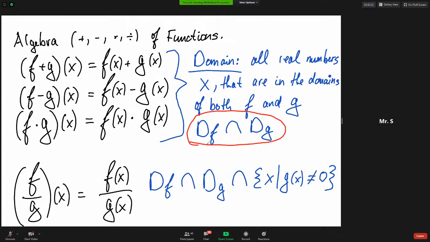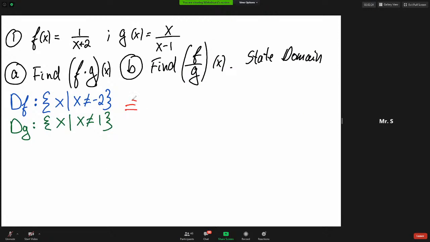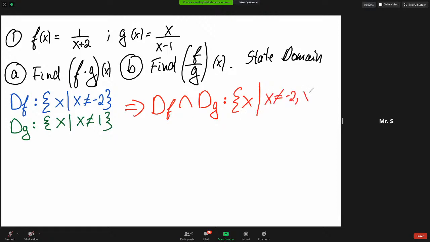So the intersection of both of these sets, the domain of f intersect the domain of g, is going to be all x's, and now we just have to exclude both of those values, right? Because we now don't want -2 and we don't want +1.